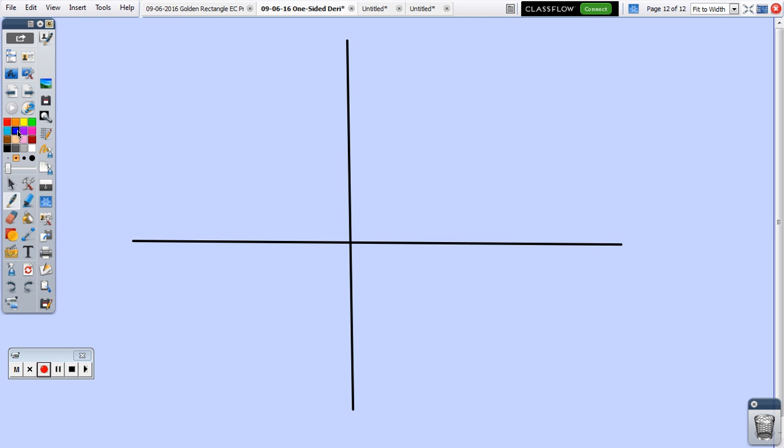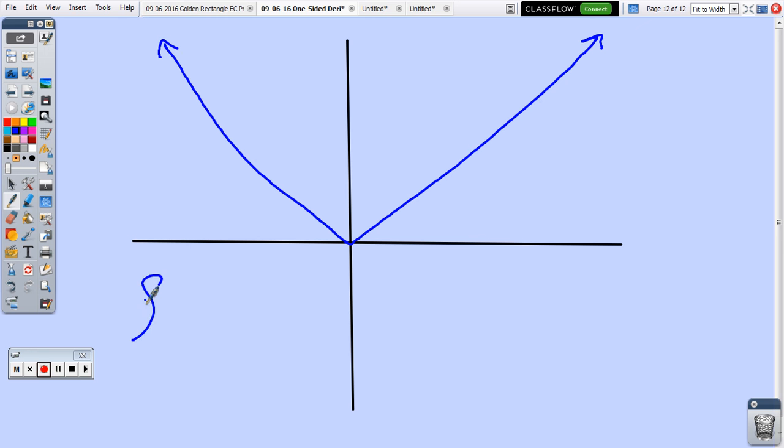So, let's say we have f of x equal to the absolute value of x. Here's a situation where this is continuous.